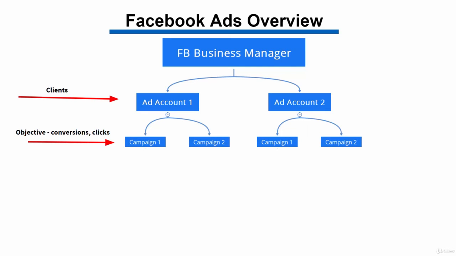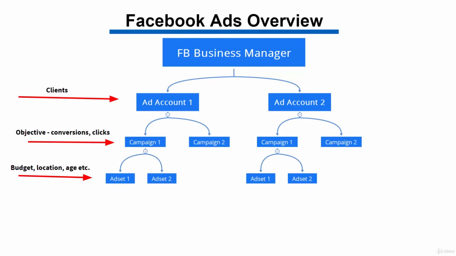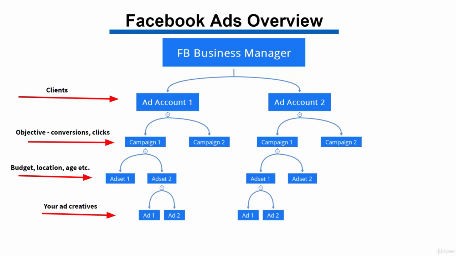This is where we have conversions, we have the clicks, we have the video views, the lead forms, okay? And then we have the ad set level. This is where we're setting our budget, our location, our targeting, interest, right? And so this is really giving you a good representation of how you can look at the actual Facebook ads hierarchy, okay? And then we have the actual ad creatives.